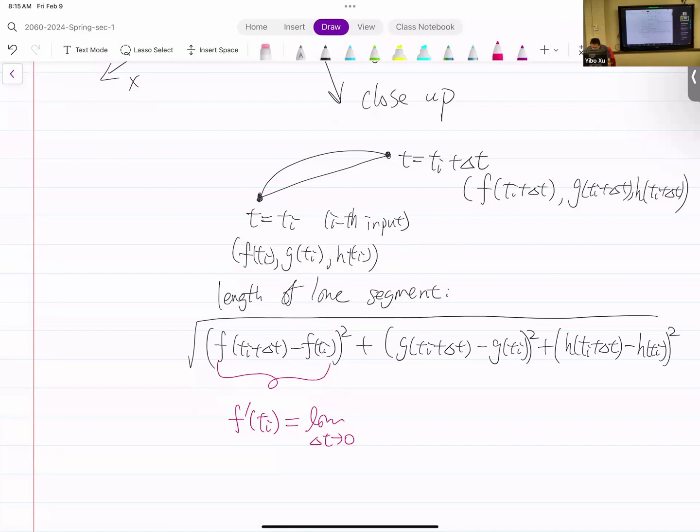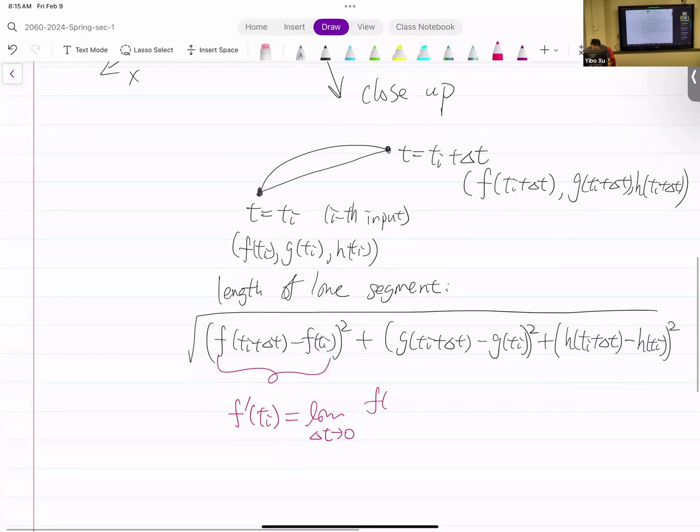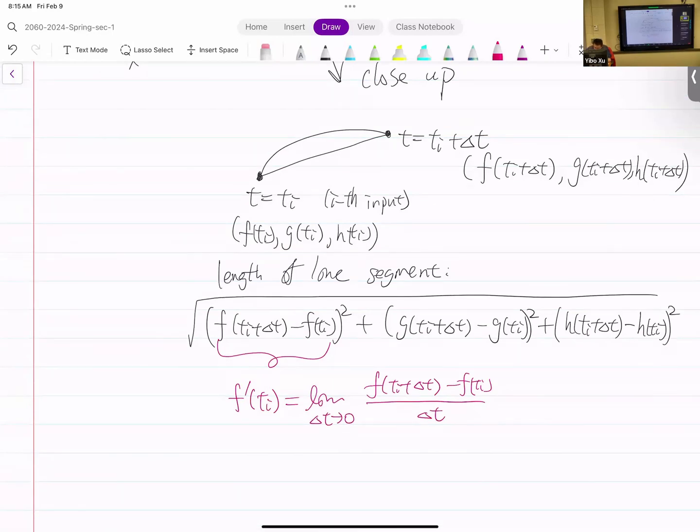So the slope of the tangent equals the approximation using the slope of the secant. So f of t_i plus delta t minus f of t_i over delta t. This tells you the numerator right here is approximately the slope of the tangent times the changing input delta t.